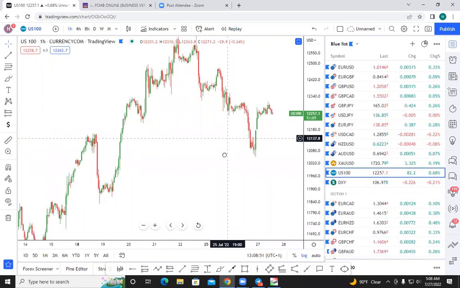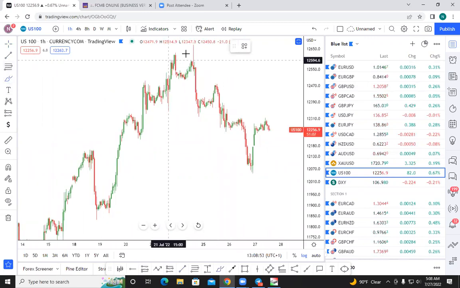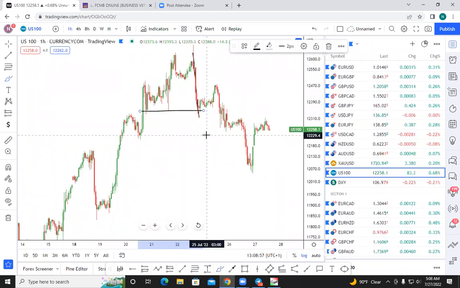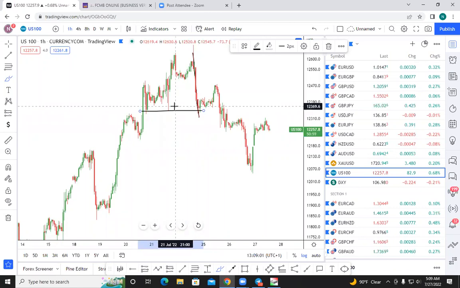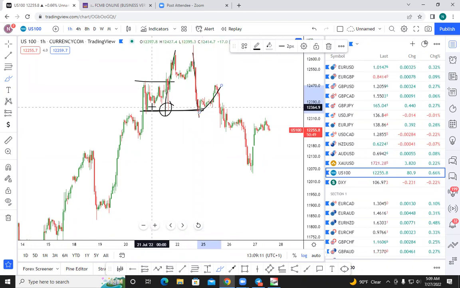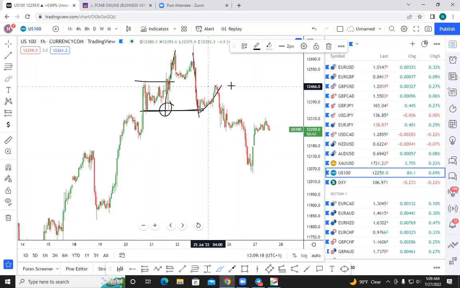For this structure, you see, this is the impulse, this is the leg here. It has not taken the last low before this higher high. That's why one of our members asked me if he could sell at this level.